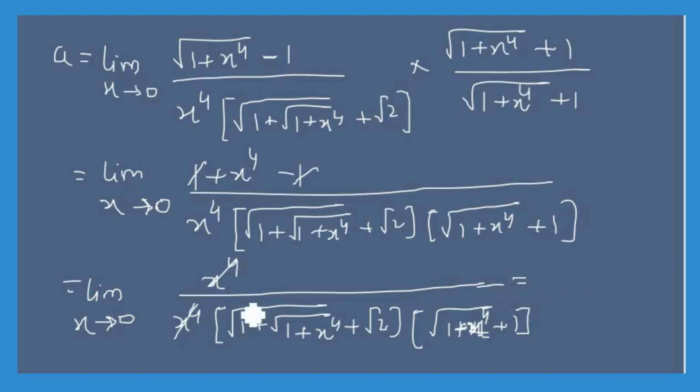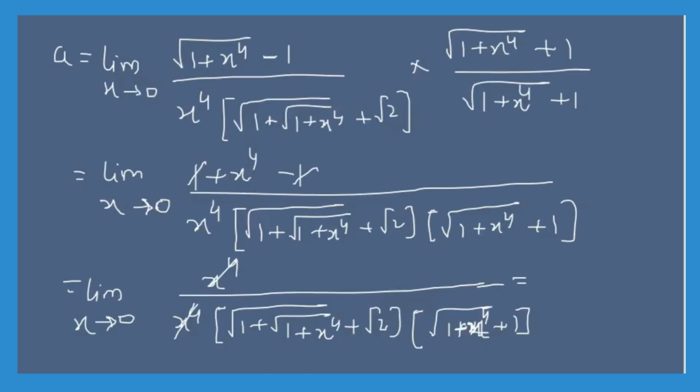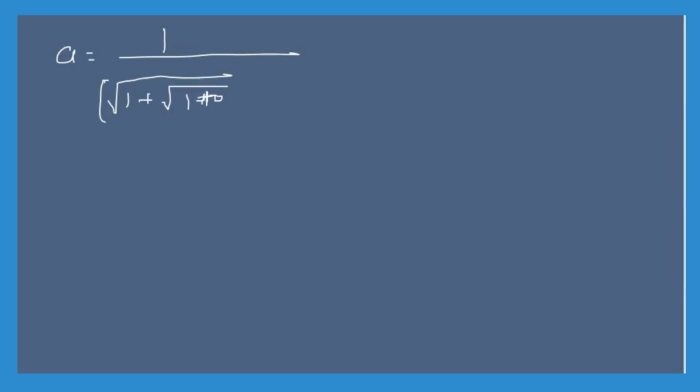So now we can substitute the value of x. So we get the value of a as 1 by, in the first bracket, 1 plus under root 1 plus x to the power 4, and x is 0, plus root 2, plus root 2.